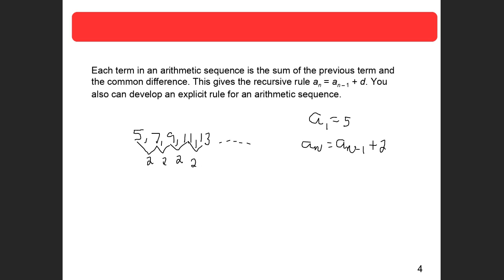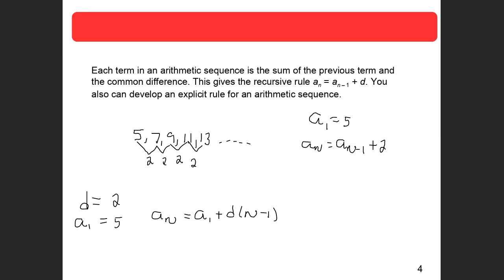Now, if I want to write an explicit rule, which is more common, all you need to know is the d value and a sub 1. So the d value in this problem is 2. A sub 1 is 5. So the explicit formula would be a sub n is equal to a sub 1 plus d times (n minus 1).